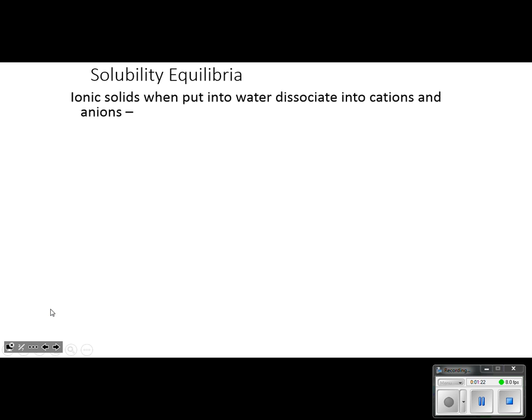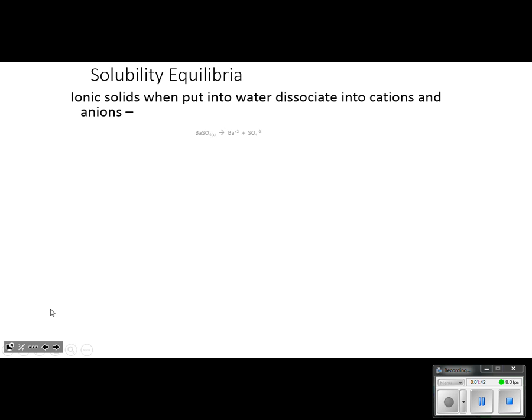So when we're talking about solubility equilibria, we will be working with ionic solids. And we know that when we put our ionic solids into water, they dissociate into our cations and our anions. Even those things that are technically classified as being insoluble do dissolve just a little bit.